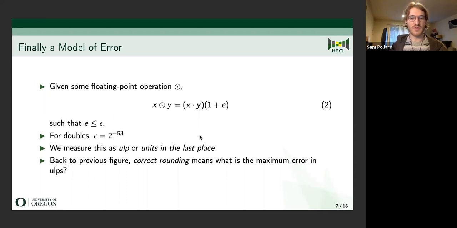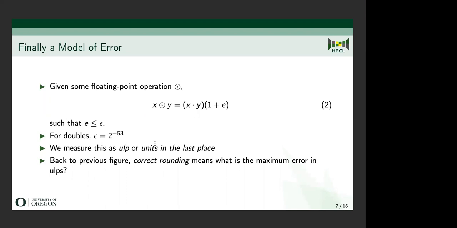And you have this offset, or rather this error term, the e. And I have a little mistake there, that e should be in absolute value. It's less than some epsilon, and this epsilon is dependent on the floating point format. Throughout this, I'll be using double precision, just for consistency. So for double precision, it's 2 to the -53, or a little bit more than 15.